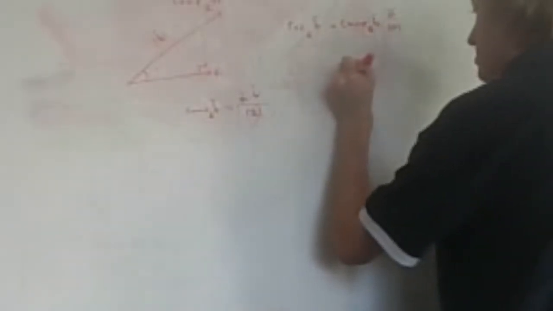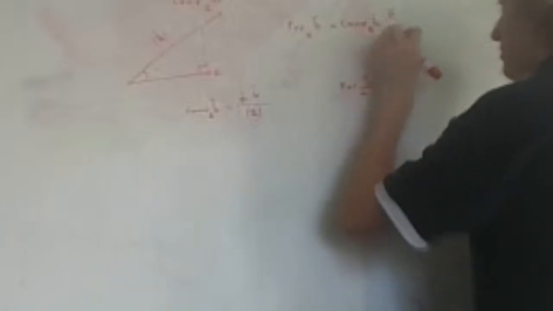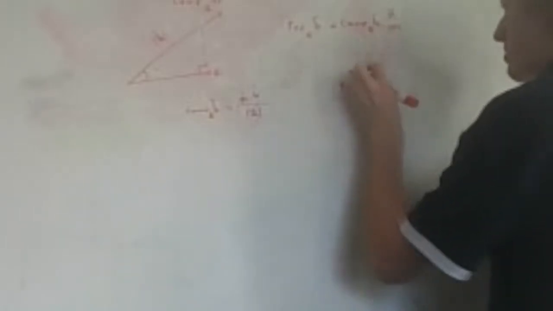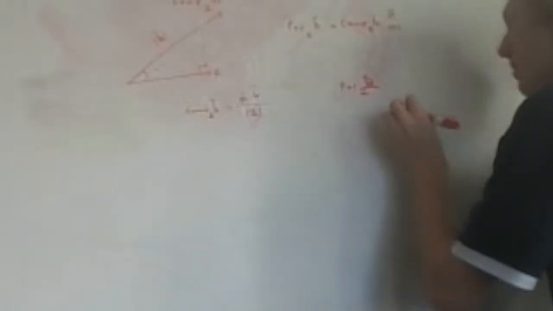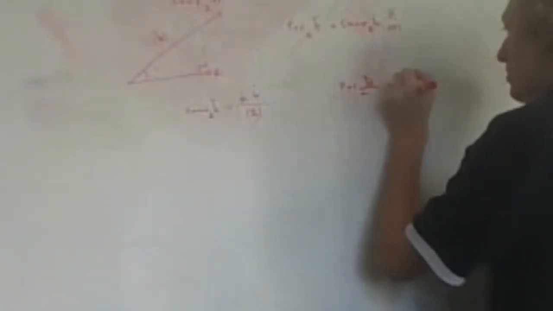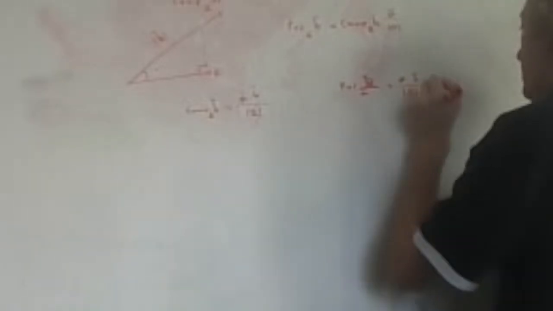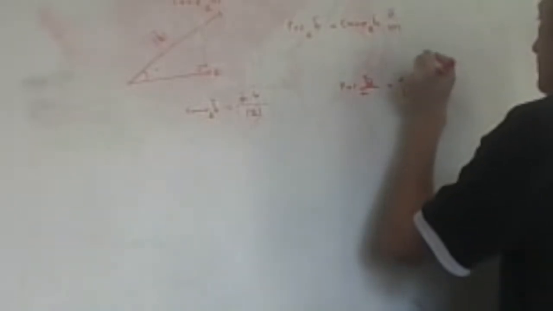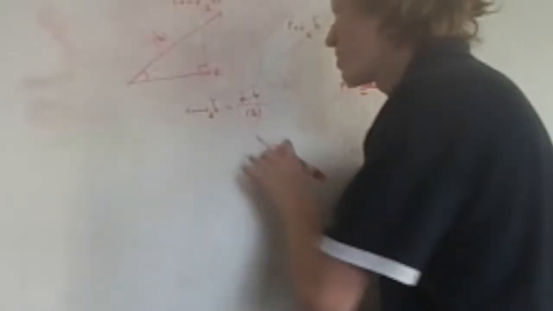So the projection of B onto A, and I remember this unit vector part, is going to be equal to A dot B over the magnitude of A times the magnitude of A times the vector A. So the projection is a scalar, the component is a vector. And this would be a vector quantity. So I think this is right.